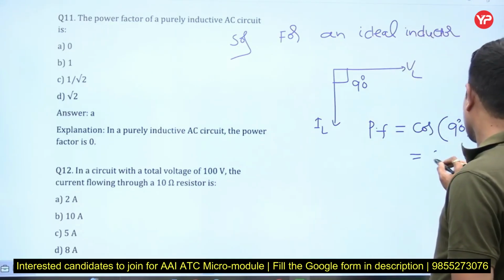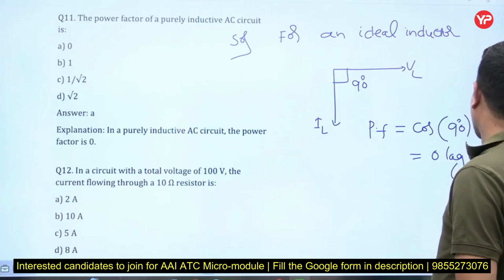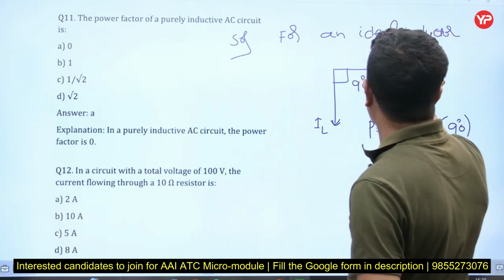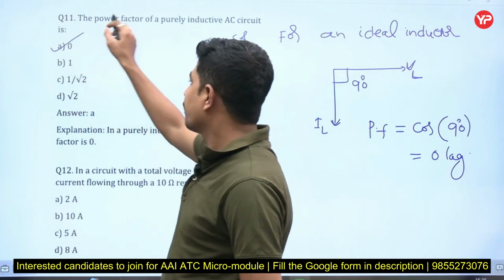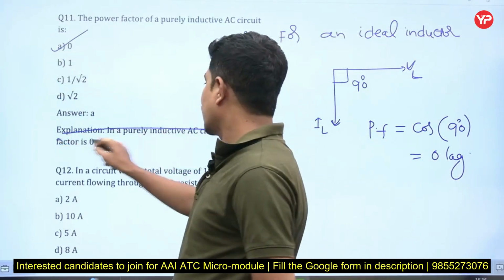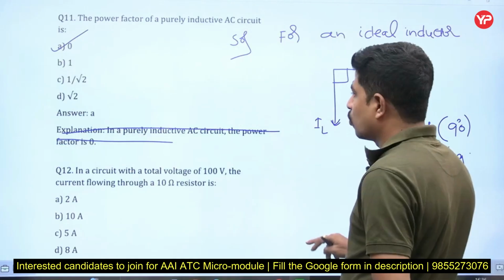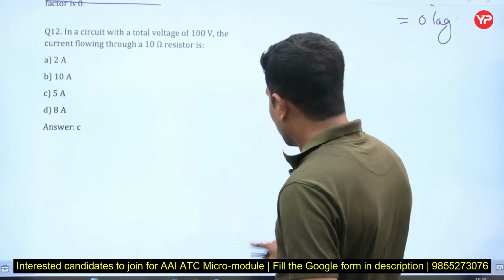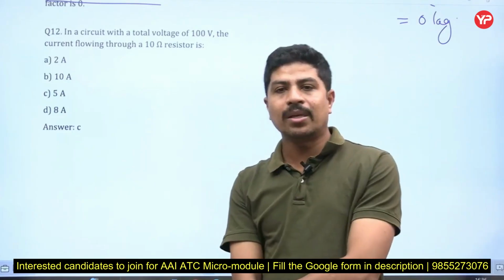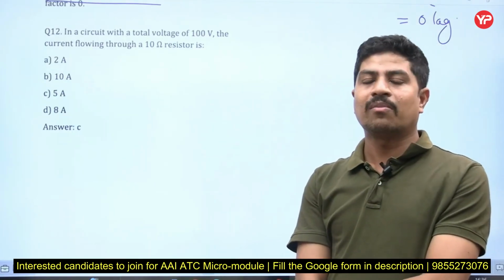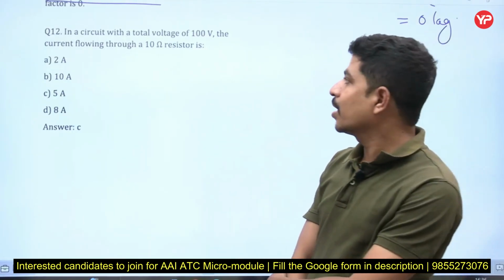Cos 90 is 0, but this is lag. Why? Current lags behind the voltage. Option is A. We don't want this explanation, as we have our own well structured explanation, also given by me, but there are some typos in it. That's why I'm asking you not to consider it.